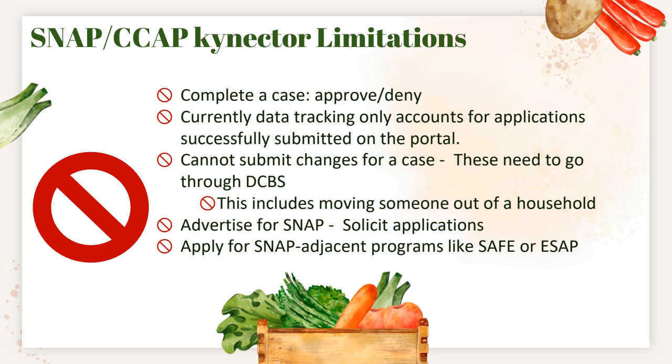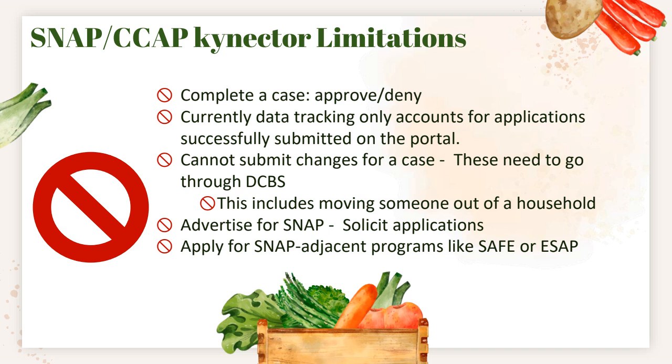A narrow but very important distinction is that connectors can't advertise for programs. So they can't be like Girl Scouts selling cookies and go door to door saying, hey, would you like to apply for SNAP? They can't solicit applications. They can, however, advertise for their services. So if you've seen advertisements on particularly KCTCS campuses, you might see, so-and-so is a connector and they can help with SNAP.